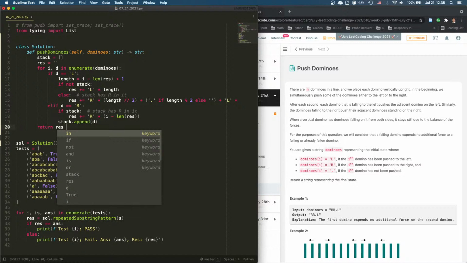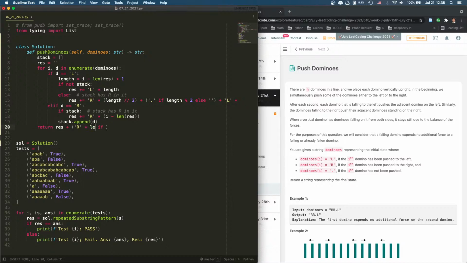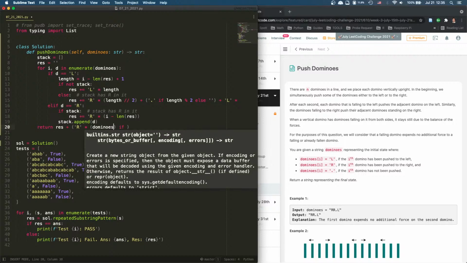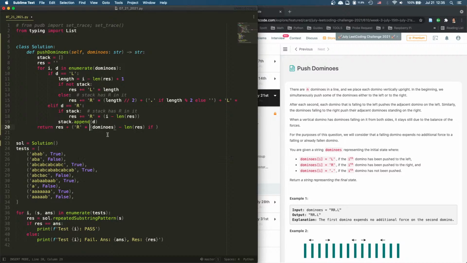So res plus either r, if r times len dominoes minus len res. Right, that's just the remaining. When we do this, it has to be a parentheses.